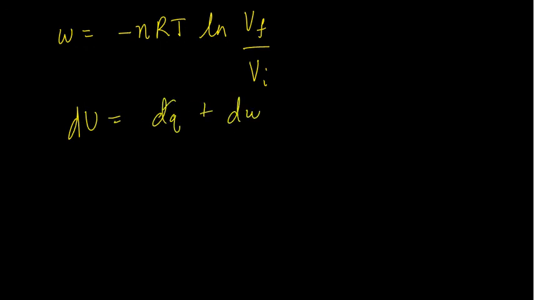Okay. Normally, otherwise, delta U is dq plus dw. That's the first law. We all know this, right? And dq is the heat capacity, which is dependent on the path, times dT, minus the external P dV.